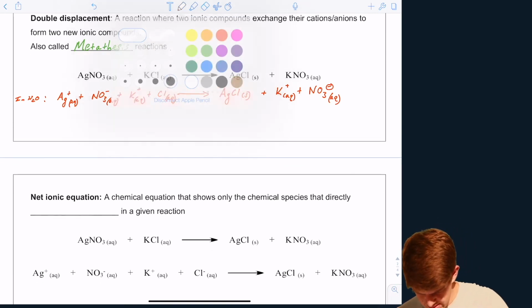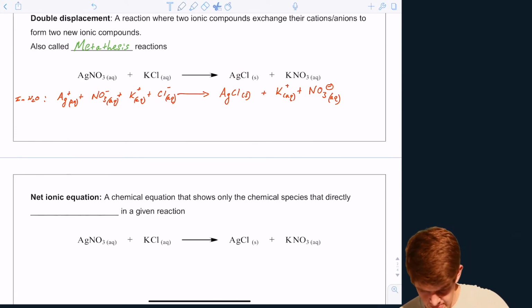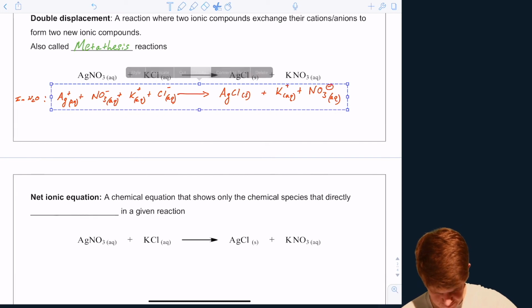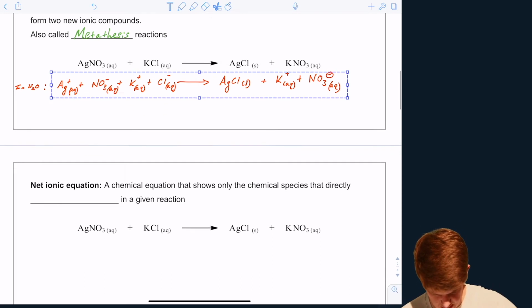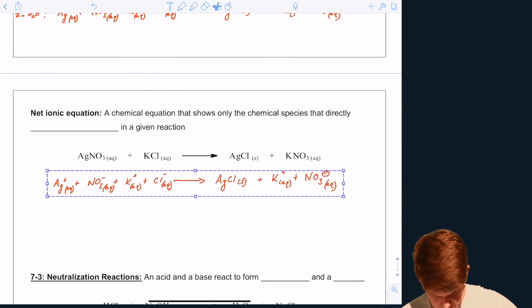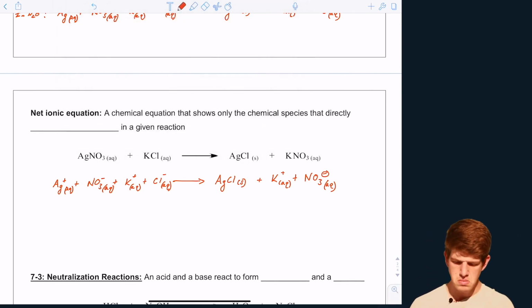Forget about this just because we're going to be focusing on this right now. So, my net ionic equation is now going to be something different.